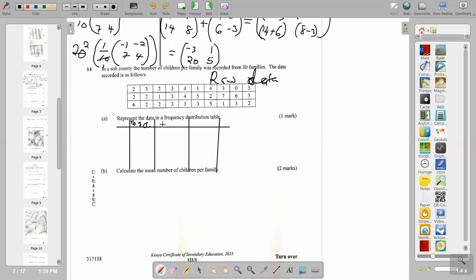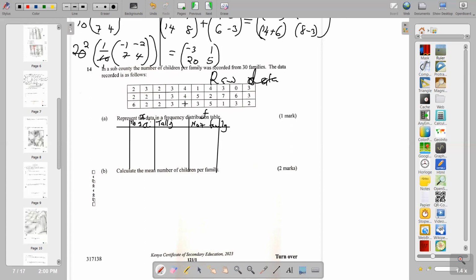You can have that one for tallying, and then number of family.